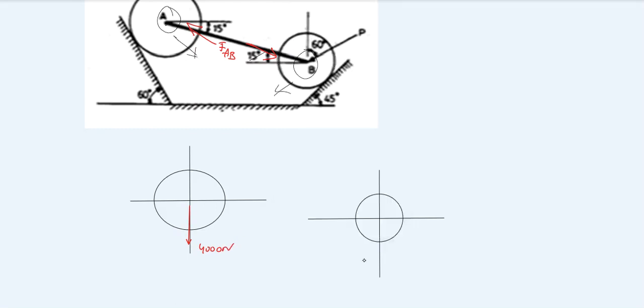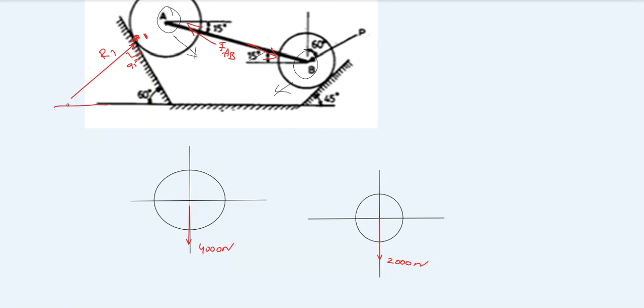Similarly, here also the weight acts vertically downwards, that is 2000 newtons. We have a contact here. This is contact number 1, and we have a reaction R1 from this contact. So this is 90 degrees with the plane.